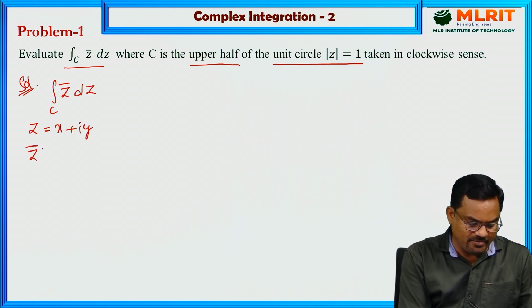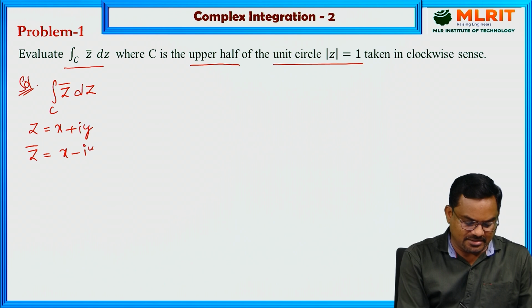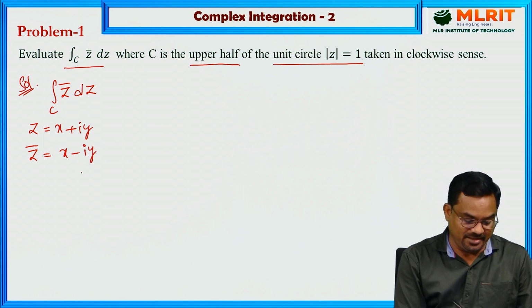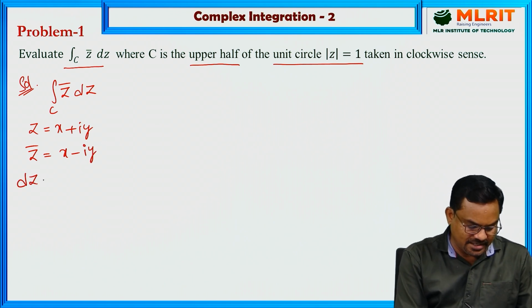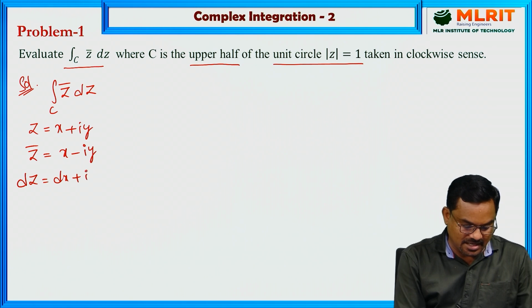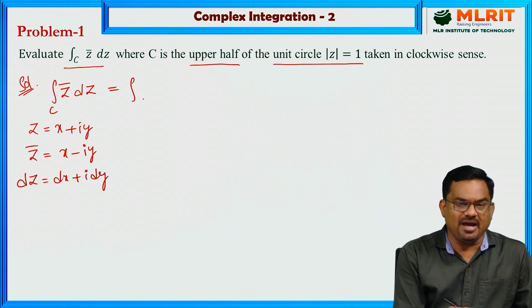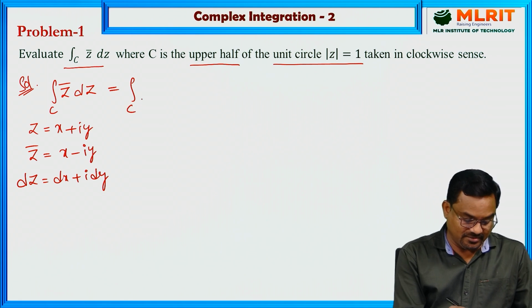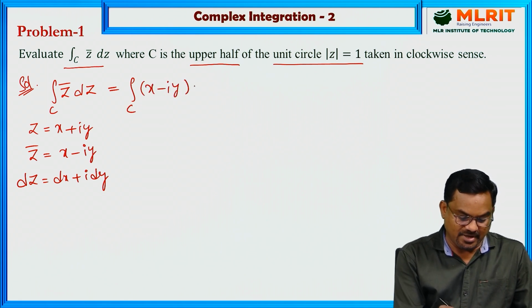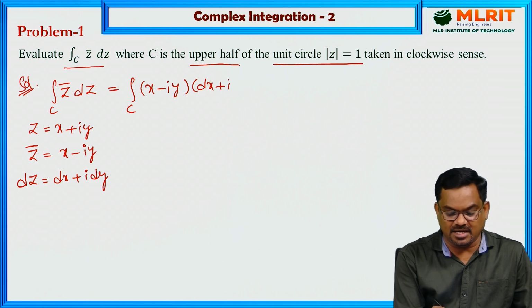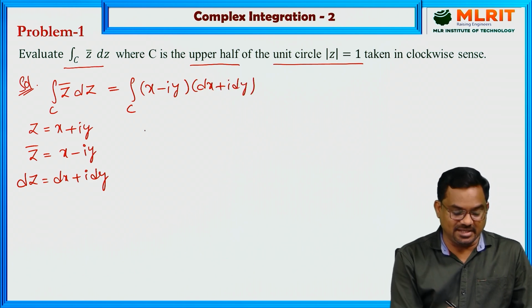Then z bar will be x minus iy, simply replace i by minus i, and also dz is dx plus i dy. So, we need to evaluate the integral along the given curve C of x minus iy multiplied by dx plus i dy. Now, what is the given curve C?